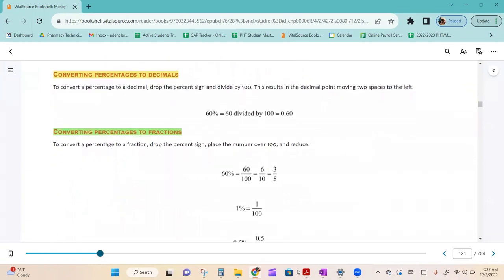All right, now we can convert percentages to decimals. To convert a percentage to a decimal, drop the percent sign and divide by 100. So they have 60%, they dropped the percent sign, and it was just 60 divided by 100. And why is it out of 100?